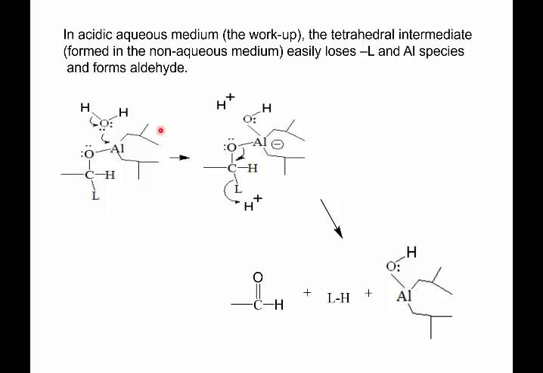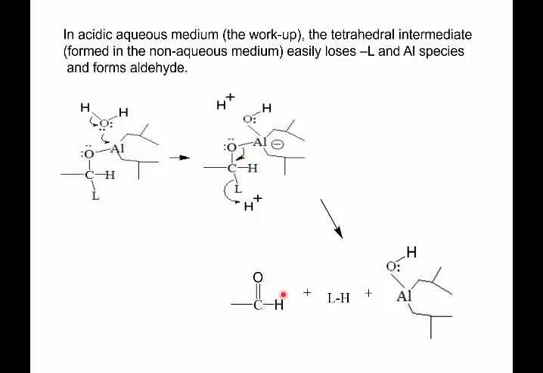Now, the acid workup also would destroy any excess hydride reducing agents, and so they're going to quickly react and go away. And then hydrolysis of the aluminum oxygen bond here takes place, and in this aqueous acid environment, you eject the leaving group, and there's your aldehyde.